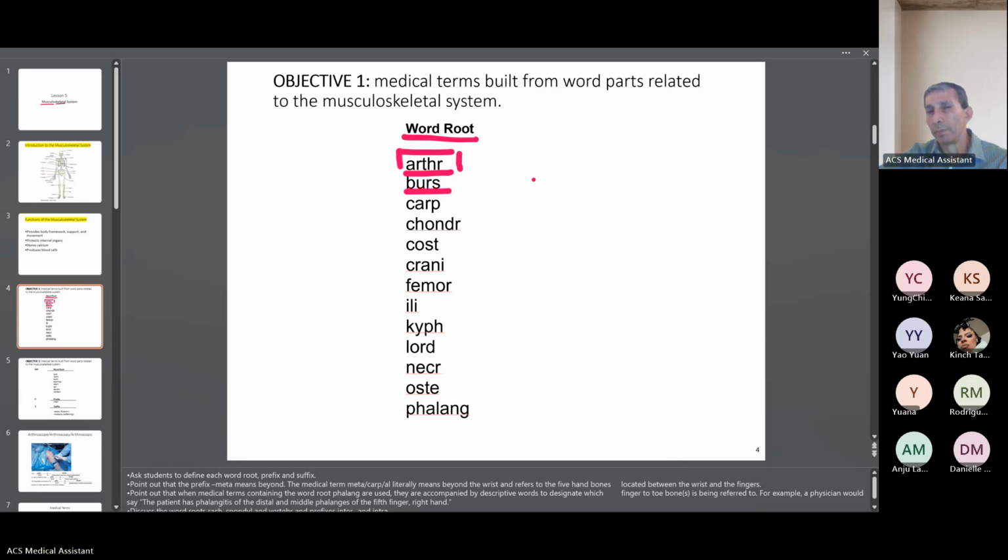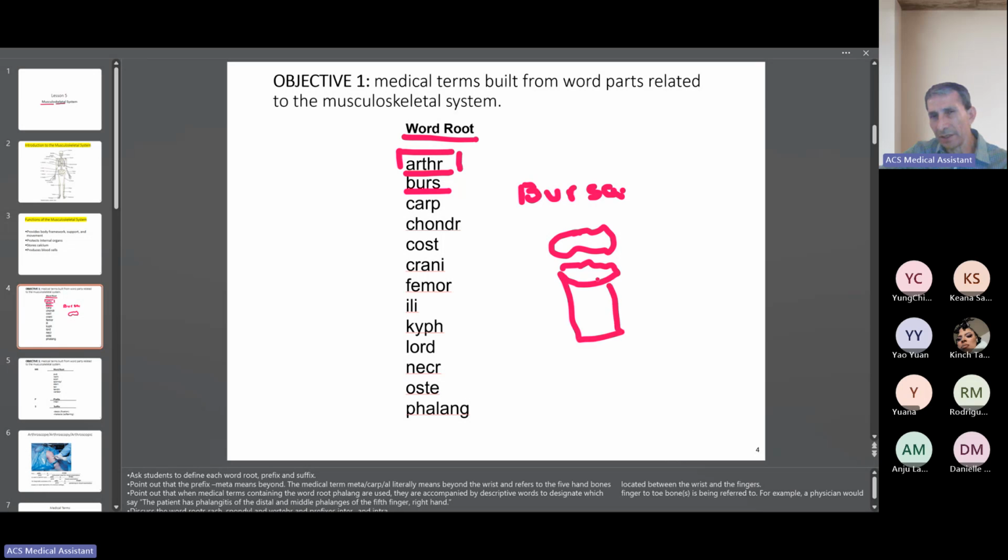Burs. Bursa comes from bursa. Bursa is a membrane that is contained within the joints. This is one bone. This is another bone that connects to it. So right here we have a membrane that contains some fluids.